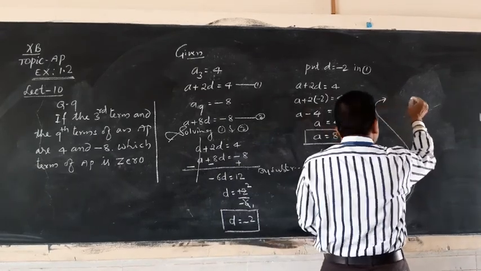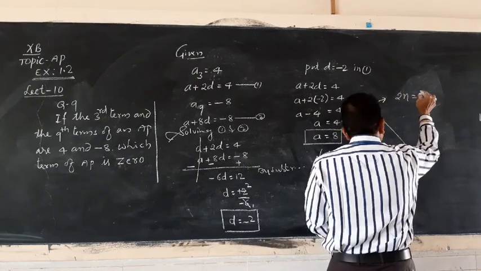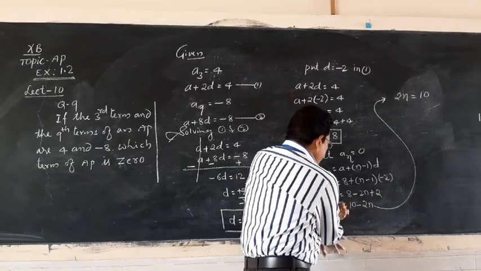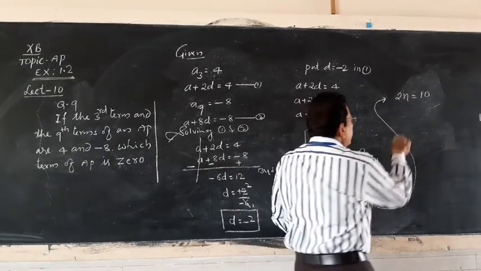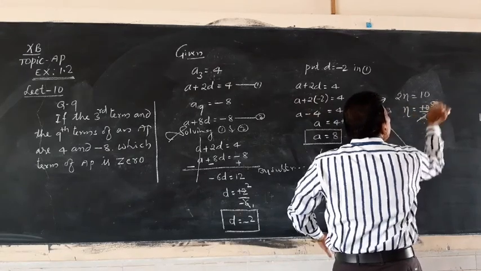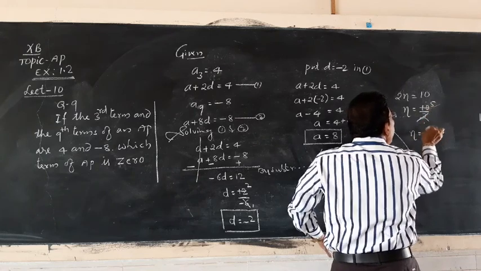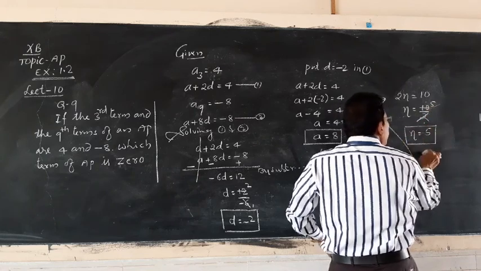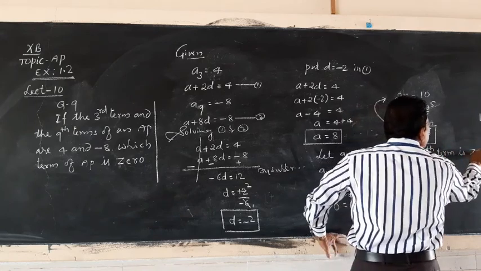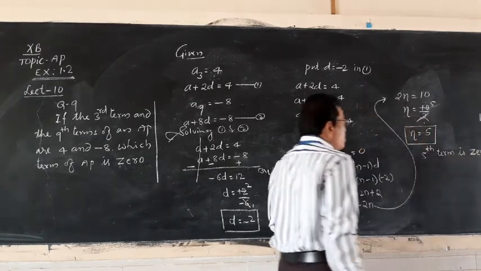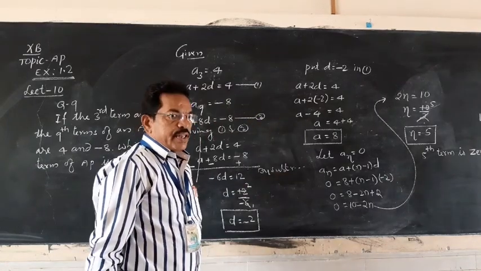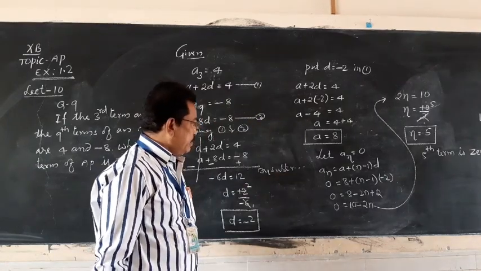Then minus 2n is transposed and becomes plus 2n equals 10. Therefore n equals 10 by 2, 2 ones are 2, 5s are 10. n equals 5, that is, the fifth term is 0. Which term is 0? The fifth term is 0. Okay, just observe the solution carefully.